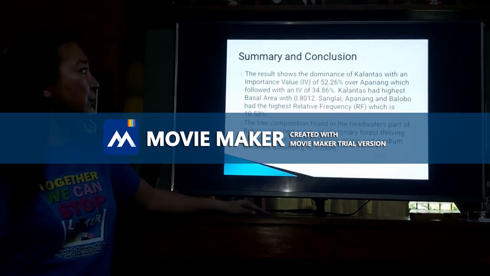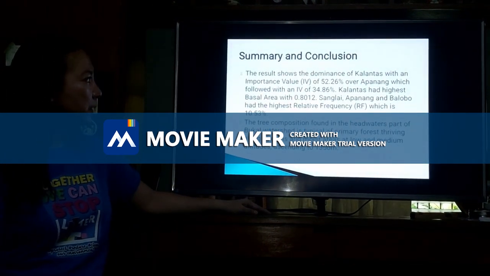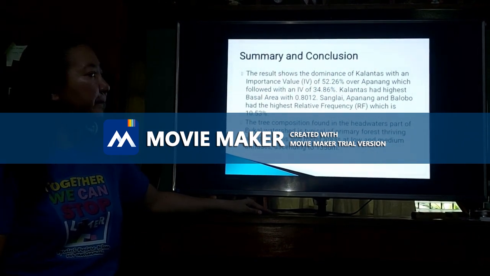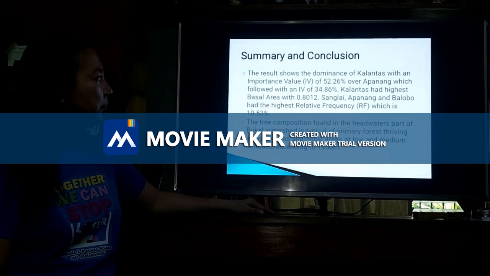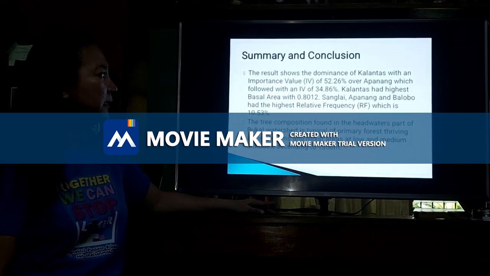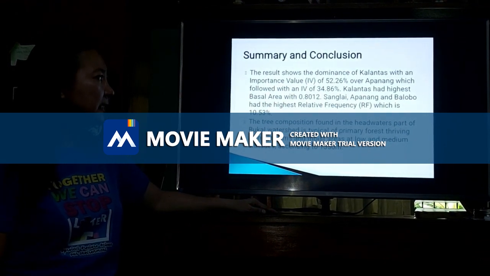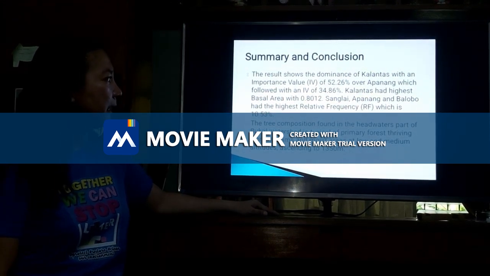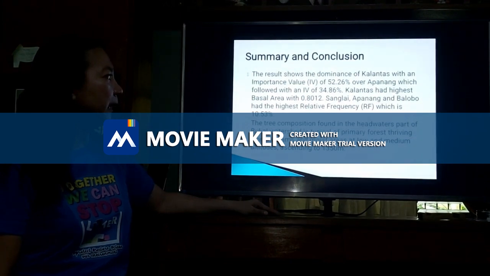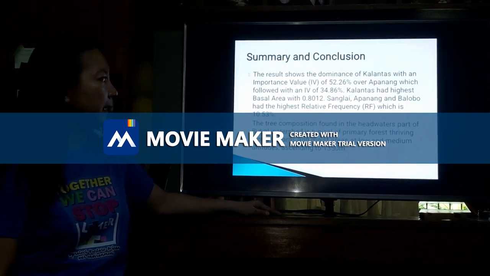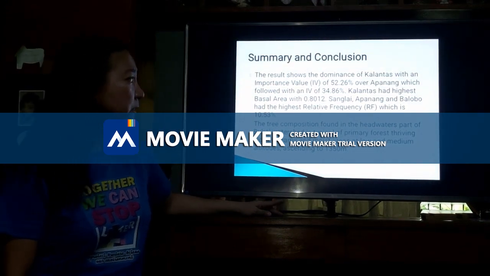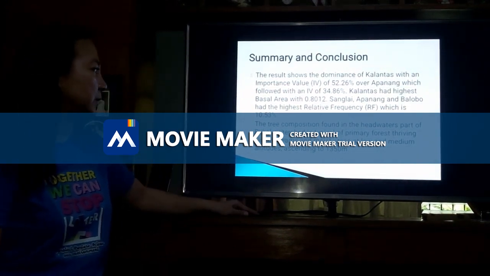So the results show the dominance of Kalantas with an importance value of 52.26% over Apanang, which followed with an importance value of 34.86%. Kalantas had the highest basal area with 0.801, and Sanglay, Apanang, and Balobo had the highest relative frequency, which is 10.53%.